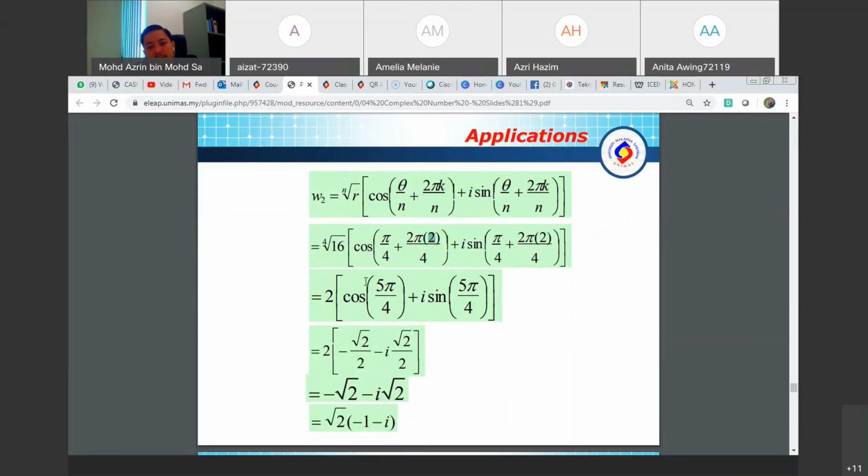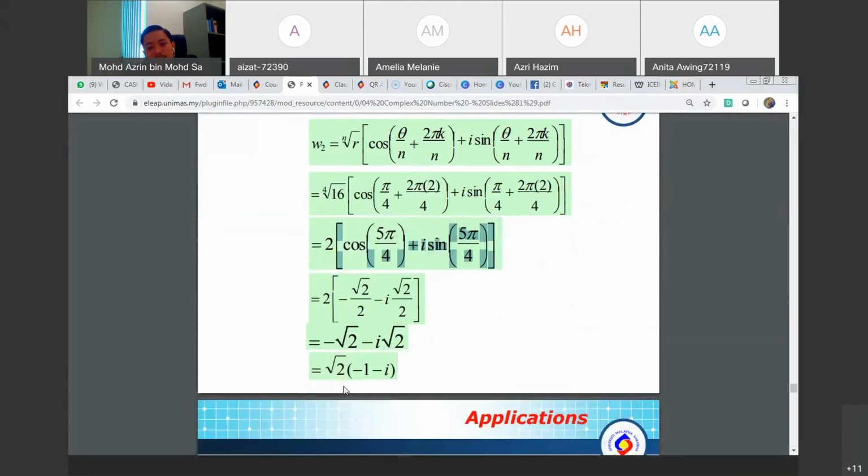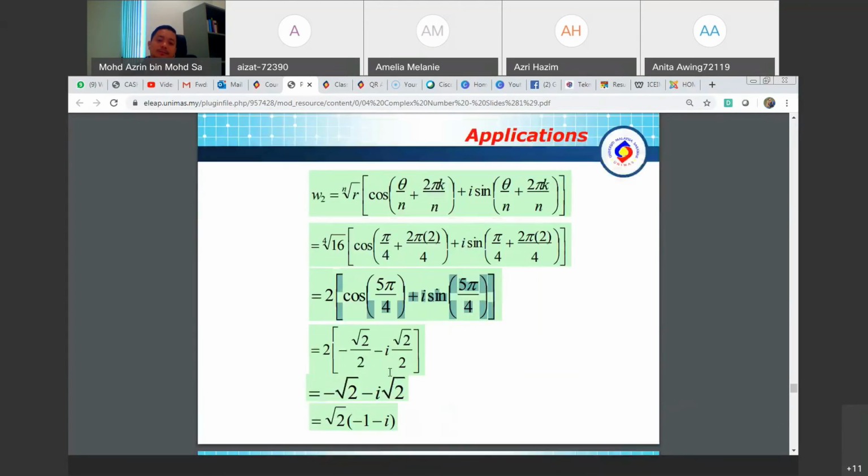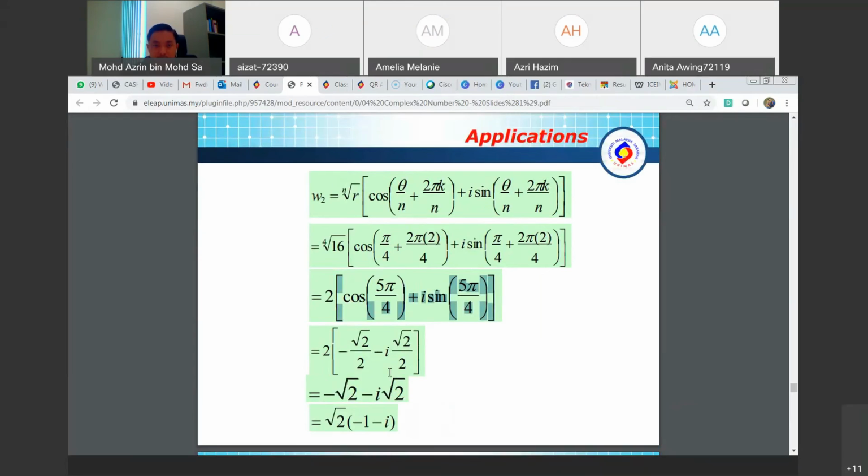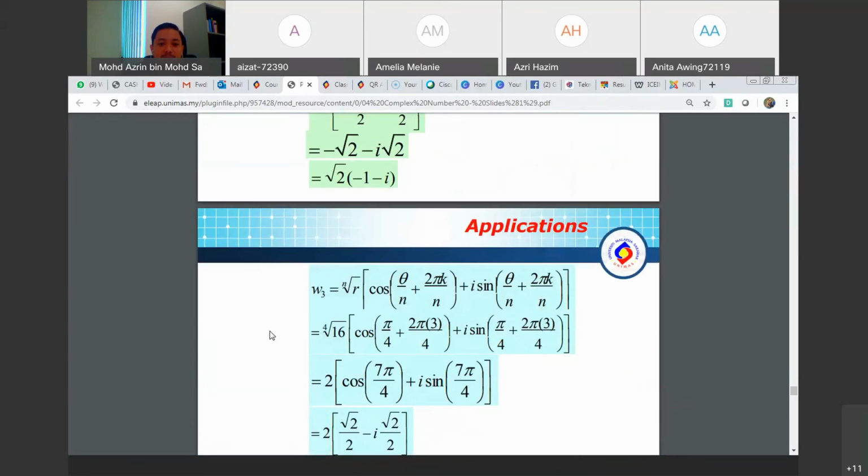Then you solve this part equation, you get 2 minus 2 square root 2 over 2 square root 2 over 2. Then you cancel out, you dapat square root 2 -1 minus i. Dah berapa dah ada? W0, W1, W2. Perlu W3. Now we go to W3.